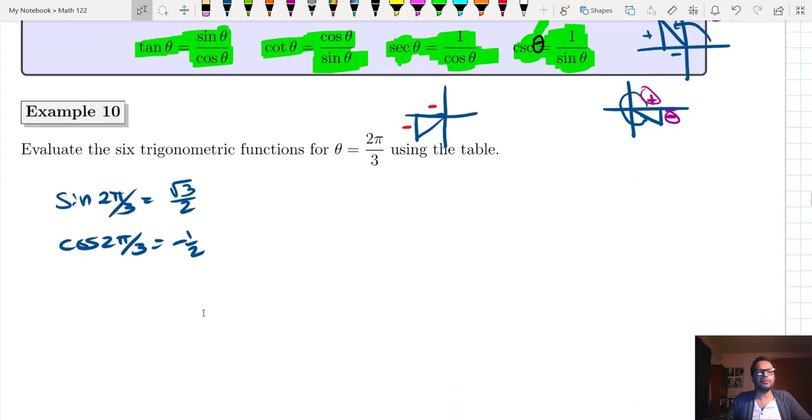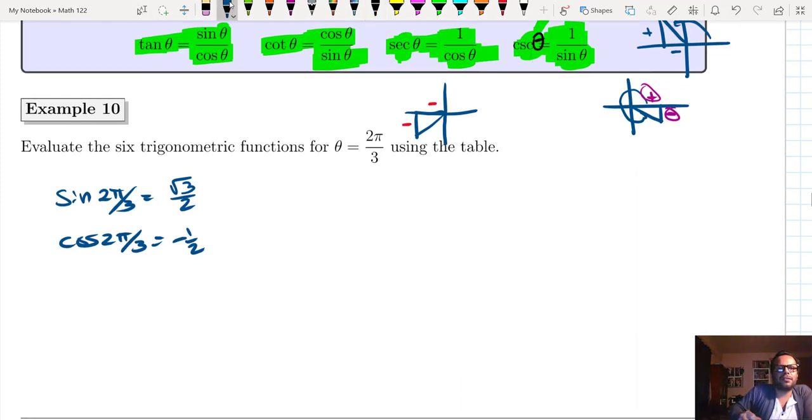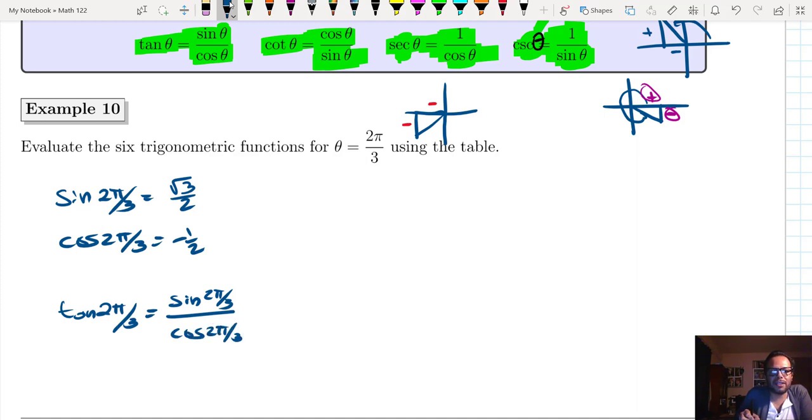So tangent of 2 pi over 3 is sine of 2 pi over 3 divided by cosine of 2 pi over 3, which are given on the table, and we have them here.